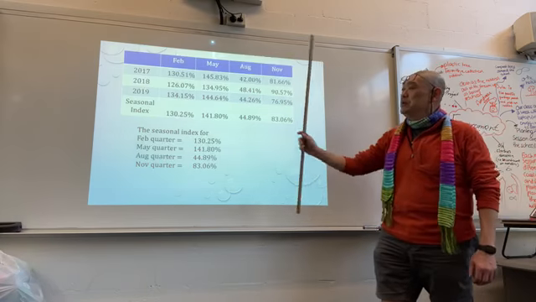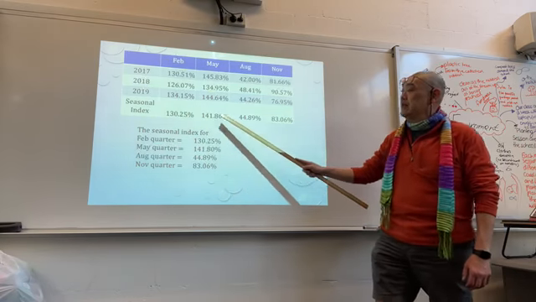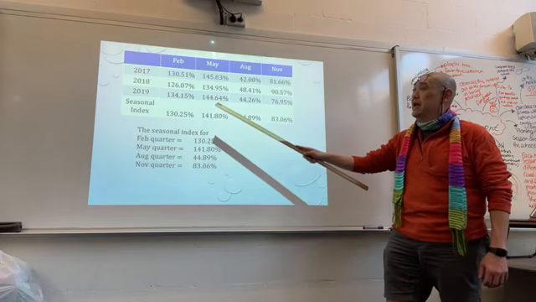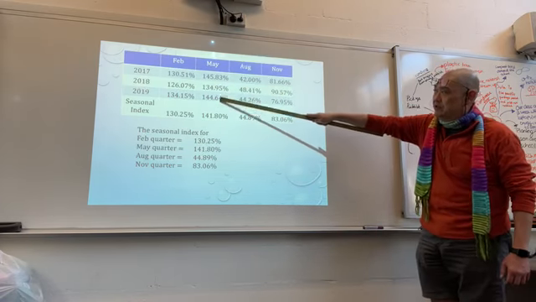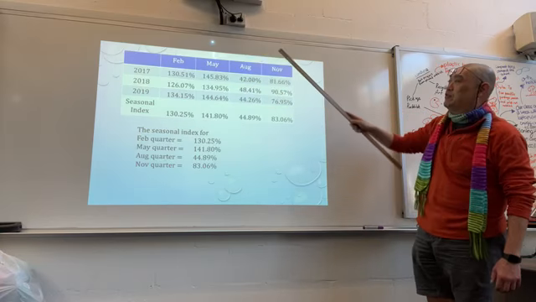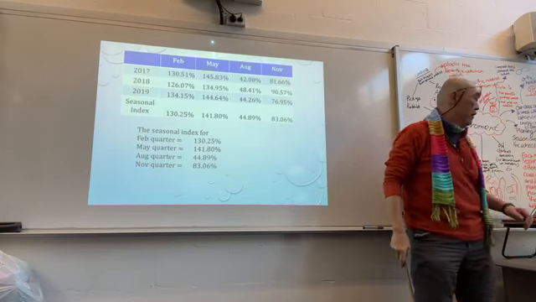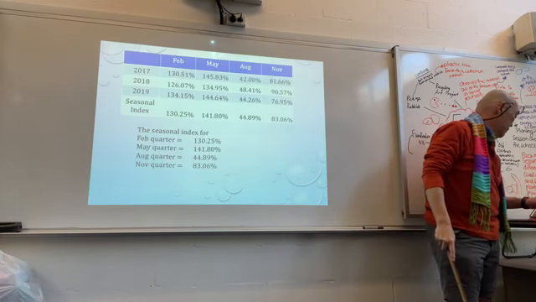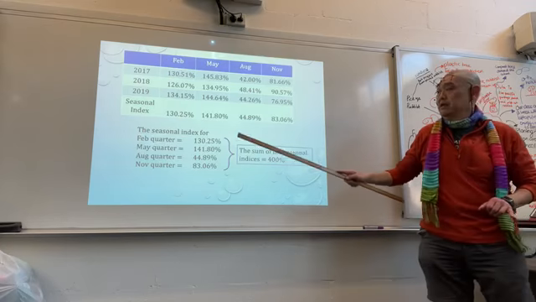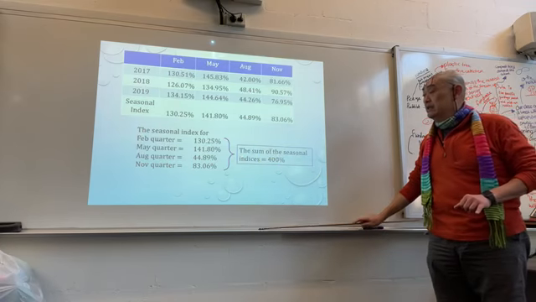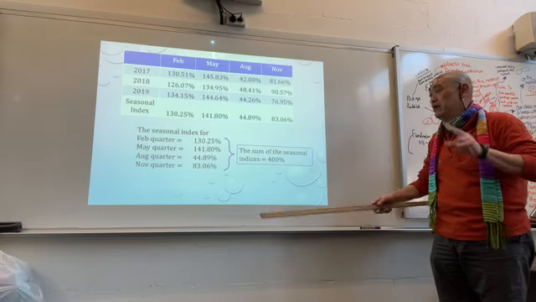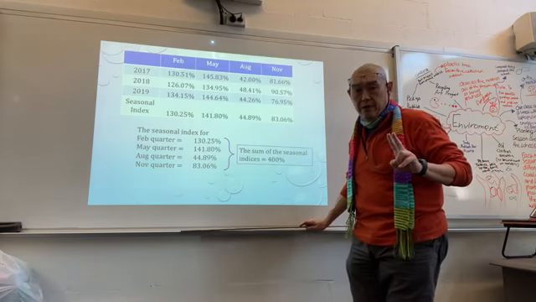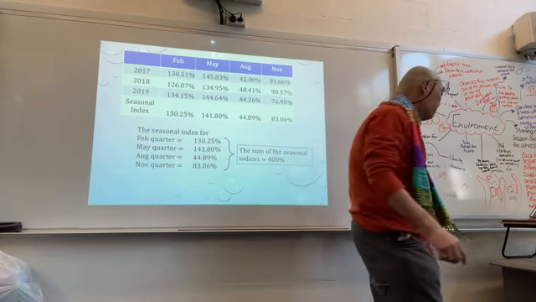So you realize that the seasonal index is just the average of the 3 seasons: average of the 3 May quarters, average of the 3 August quarters, and average of the 3 November quarters. Because we have 4 seasons, the sum of the seasonal indices must be 400%. If it is 3, it's 300%. 2 is 200%. Remember that.